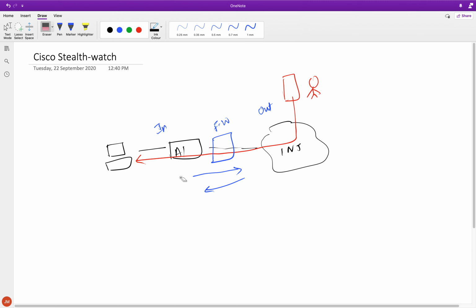In a stateful firewall, you had to define just one direction, which is from inside to outside, and any traffic allowed from inside to outside, because of the statefulness, the corresponding traffic was allowed in the inside direction, right?